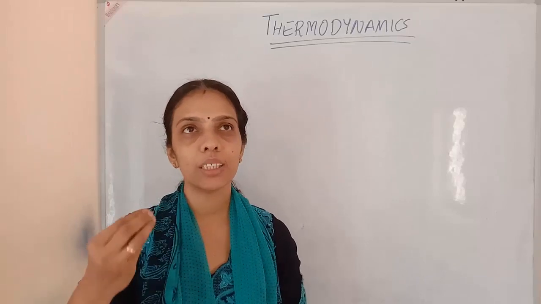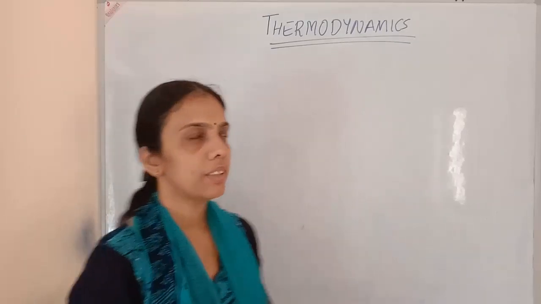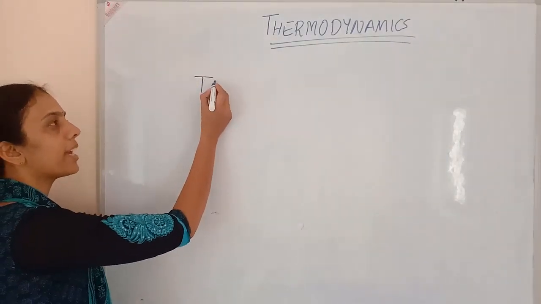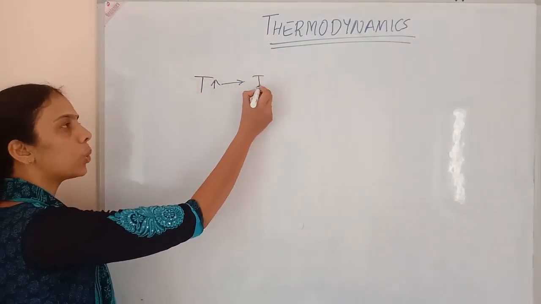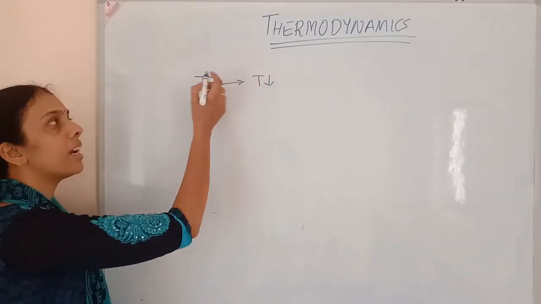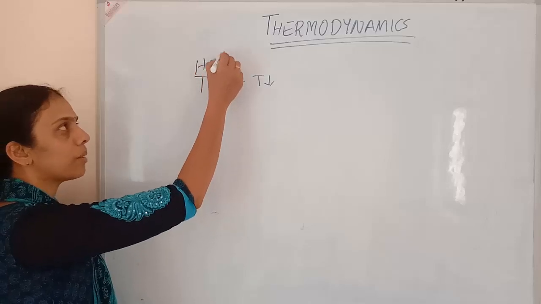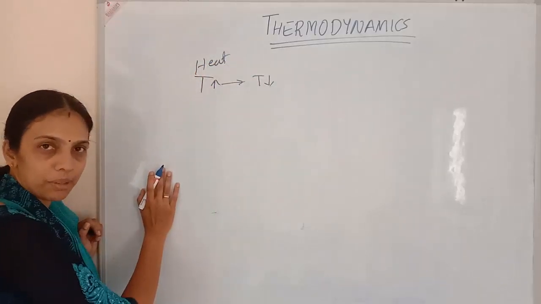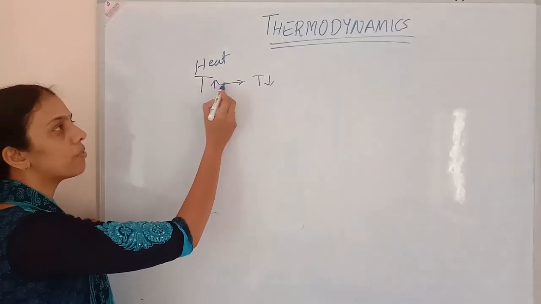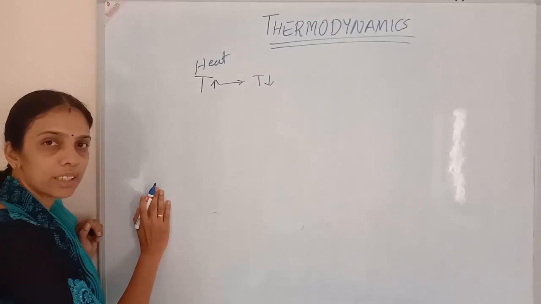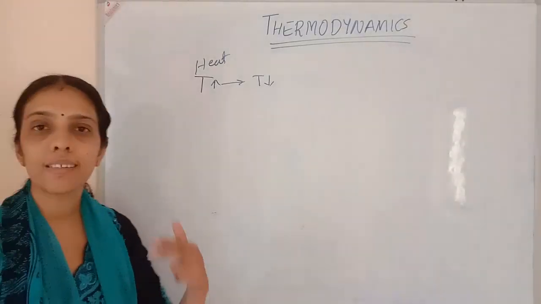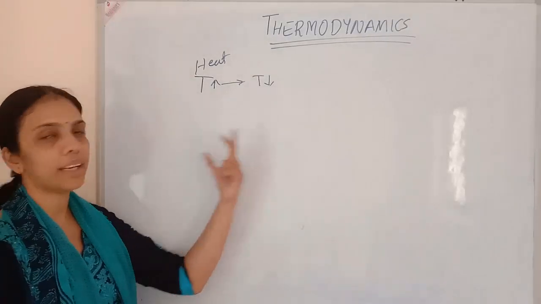When heat moves from a higher temperature region to a lower temperature region, what is transferring over here? Heat energy is transferring from higher temperature to lower temperature, from one point to another point.